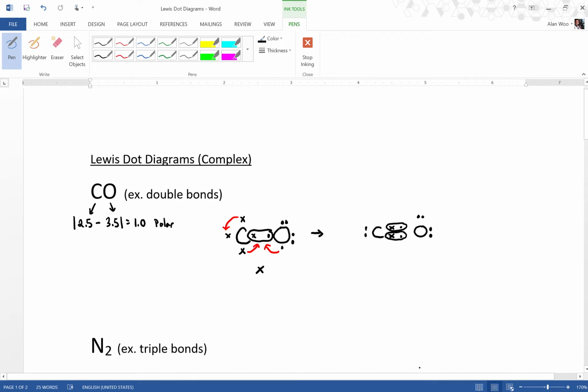The substance is polar, and because oxygen is more electronegative, the electrons are going towards oxygen more often than towards carbon. So we will put a delta negative sign next to oxygen and a delta positive sign next to carbon. And this would be your final answer.